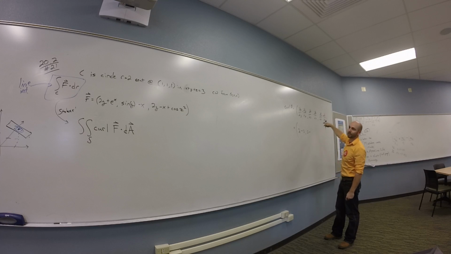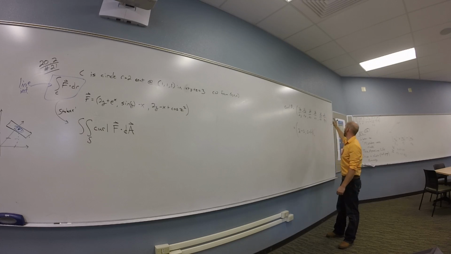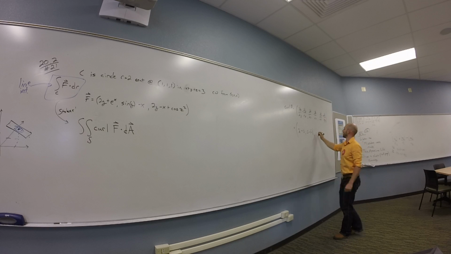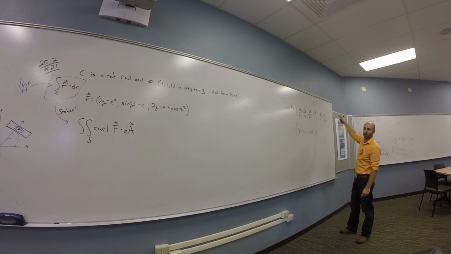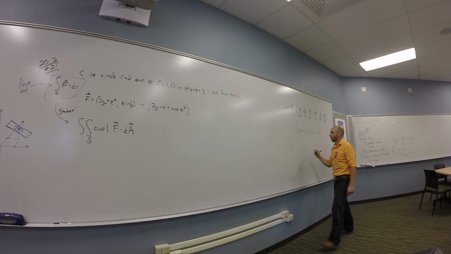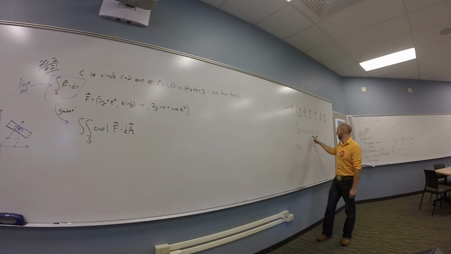What's the X partial of the Z component? -1. And the X partial of the Y component? -1. And the Y partial of the X component? 2. Oops, -2. So all told, I got the vector 2, 1, -3.